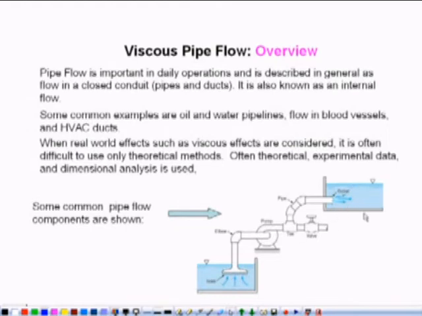For this, we require a pump and a certain piping network, and we must know how much energy is required when fluid is flowing from this end to this end. So, we must do certain calculations and then decide what the size of the pump should be. For this purpose we are going to do this exercise and try to find out the head loss.